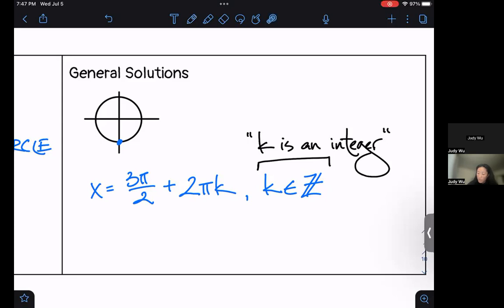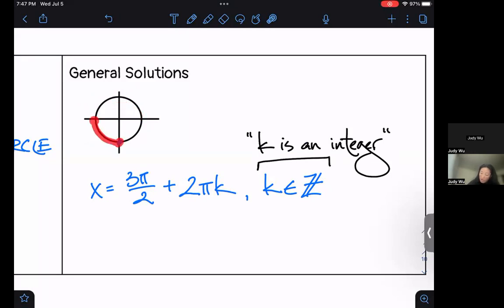So what that means is I'm going to go to here, and then if k is a positive 1, that means that I would go one more time around the unit circle, and I land in the same place. Same thing, let's say k was -1. I'm at 3 pi over 2.